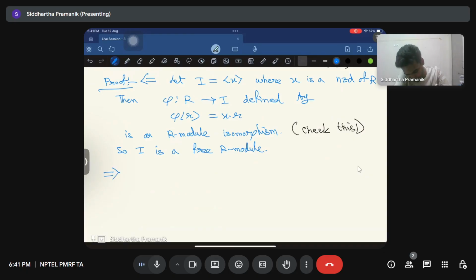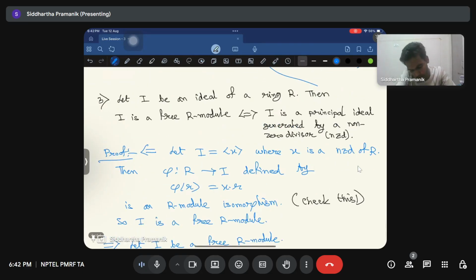Now the forward implication. So let I be a free R module. So what do we have to prove? First thing is that I is a principal ideal. That means it is generated by a single element. And second, we need to prove that the generator has to be a non-zero divisor of the ring.